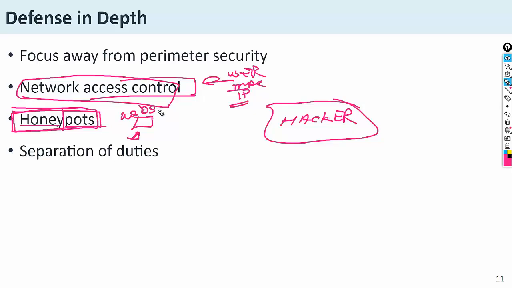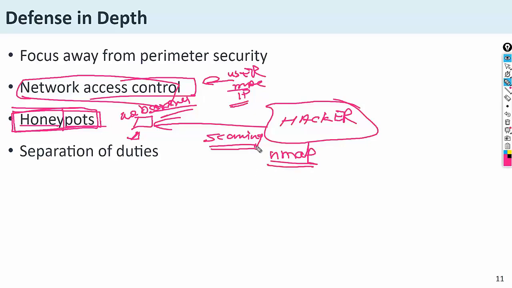What will the hacker do? The hacker will start scanning, of course using Nmap, similar to what we have used. When it scans the computer, the firewall will forward the request to the honeypot.